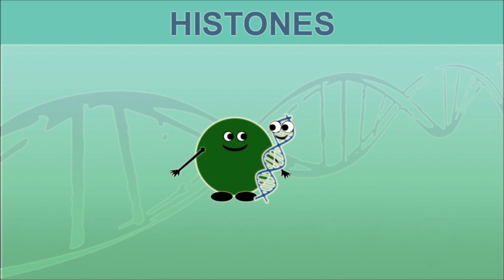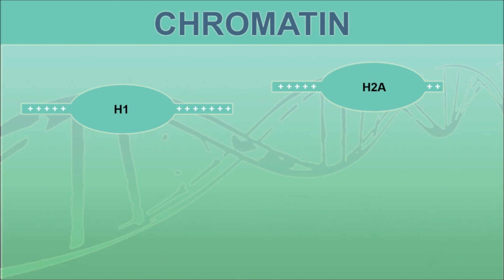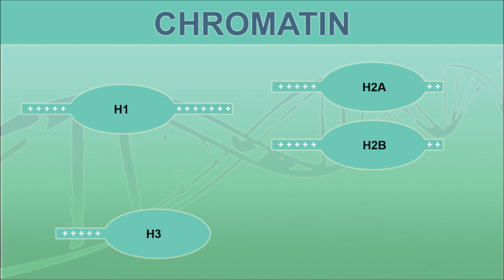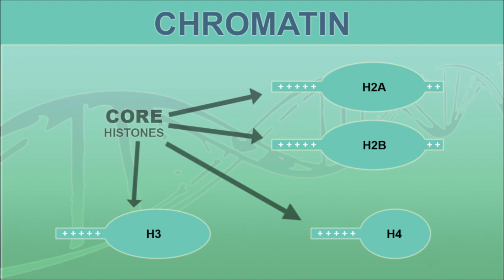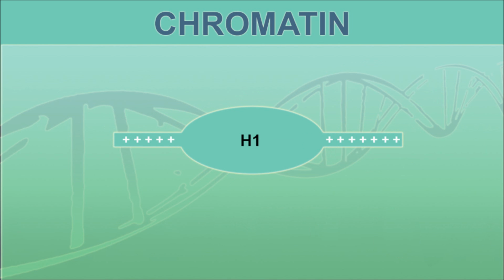There are 5 major types of histones: H1, H2A, H2B, H3, and H4. The last 4, that is, all the histone proteins excluding H1, are called core histones because they form a histone core, which is an octamer consisting of 2 of each kind of histone protein. H1 is termed a linker histone, as it associates with linker DNA between histones.